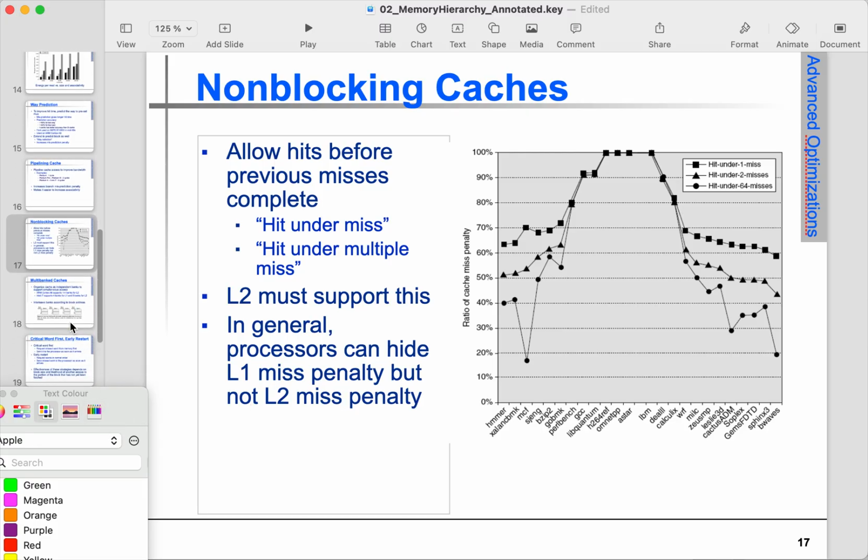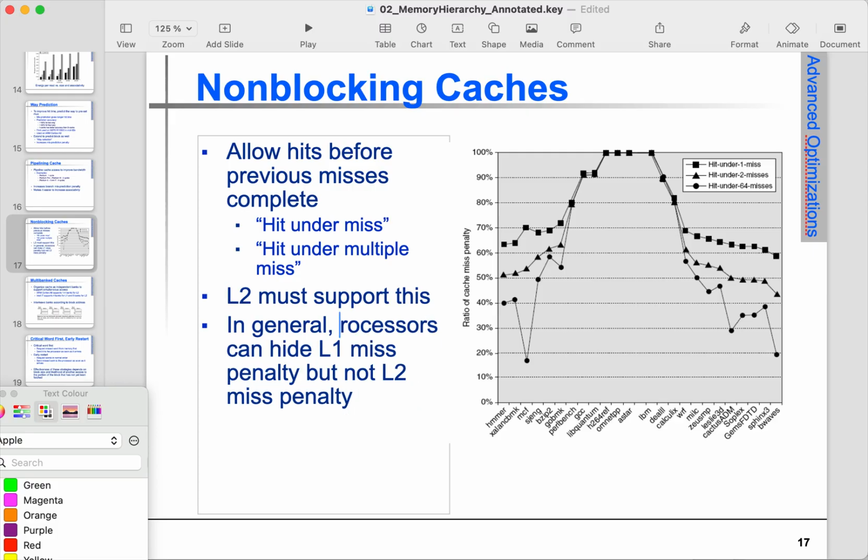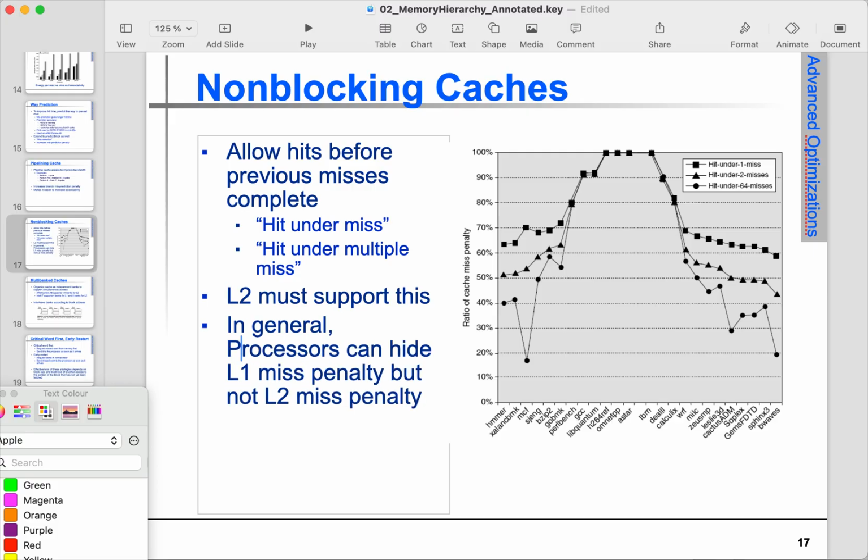Alright, so the non-blocking caches once again would allow hits before previous misses are completed. Level 2 must support this, and in general processors would hide the level 1 miss penalty.